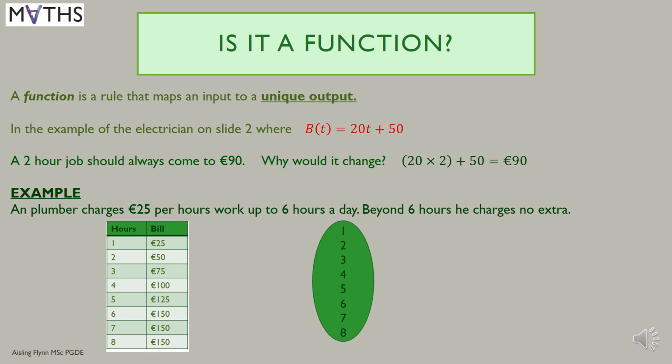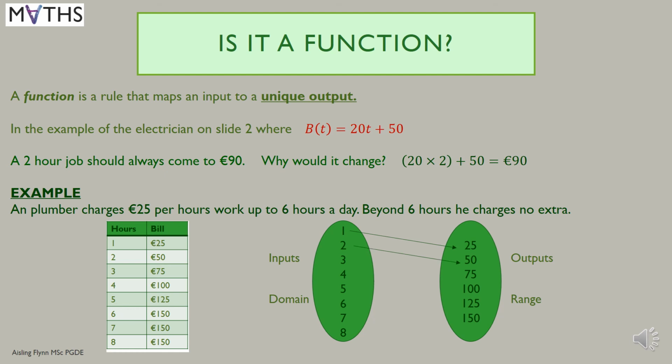But after that, for 7 hours he caps it at 150, and 8 hours 150. So his inputs are the number of hours, and that's our domain, and his outputs are the bills, and that's our range, from 25 to 150.